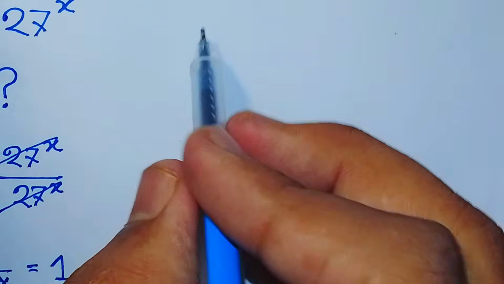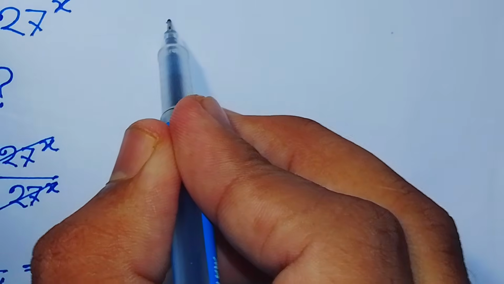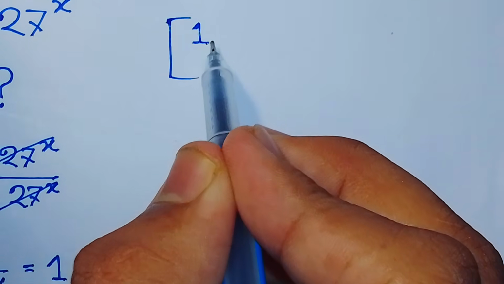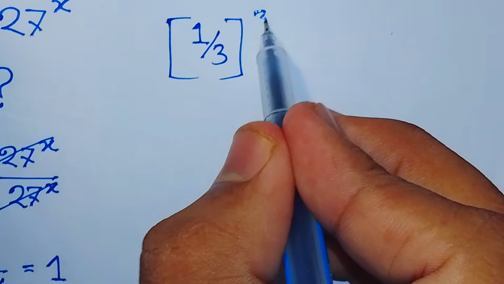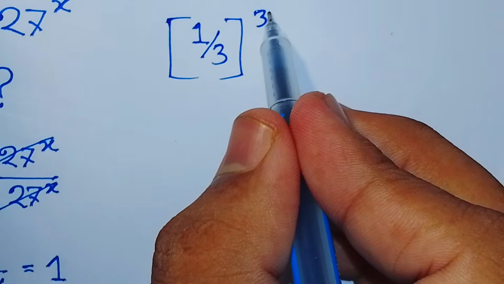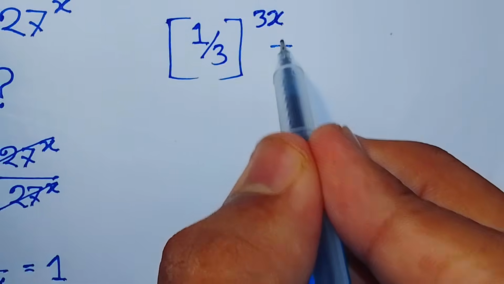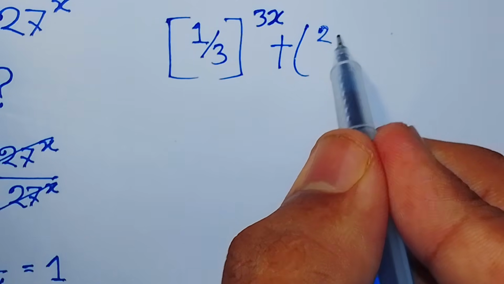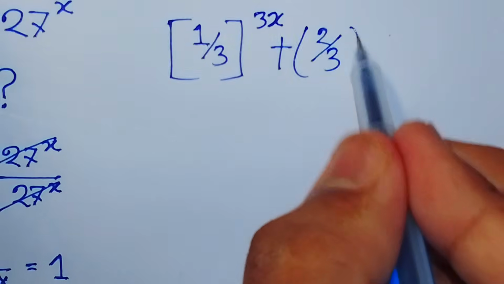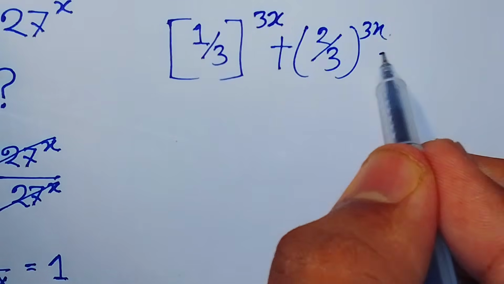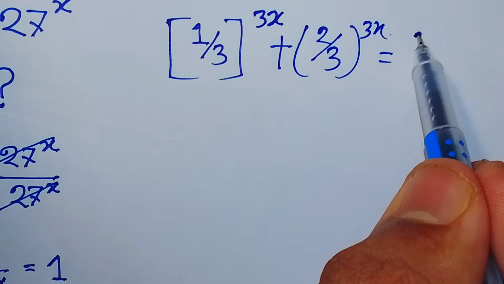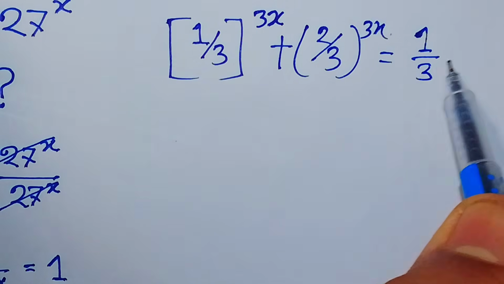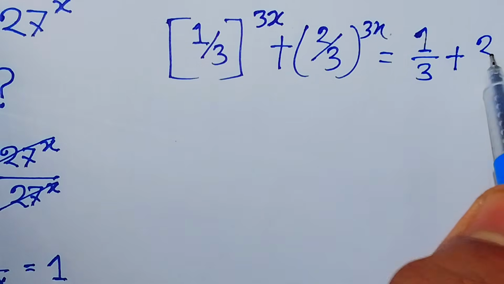So now we can write the exponential equation here, which is (1 by 3) to the power 3x plus (2 by 3) to the power 3x is equal to 1 by 3 plus 2 by 3.